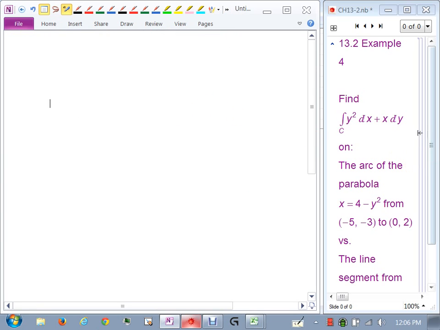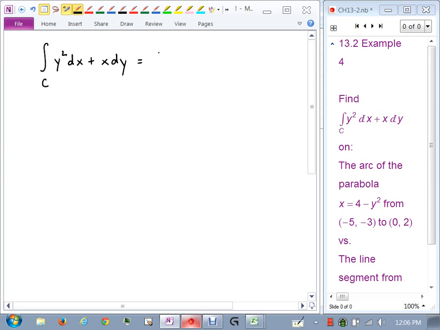All right, so what we want to do is the line integral over C of y squared dx plus x dy, which is the same as the line integral over C of y squared dx plus the line integral over C of x dy. That's just changing the notation. This means this.